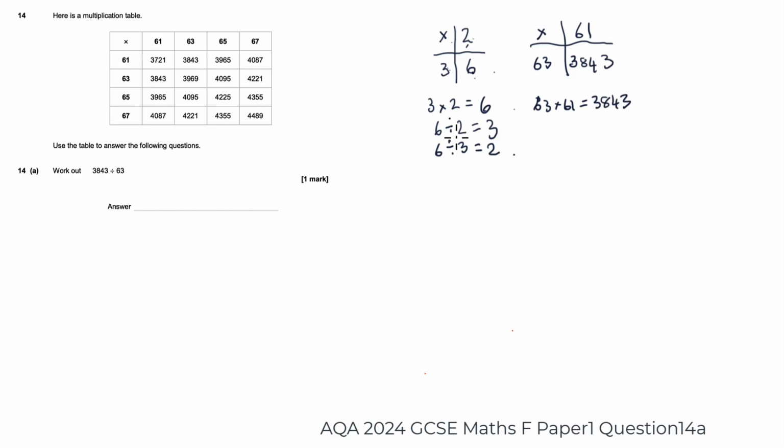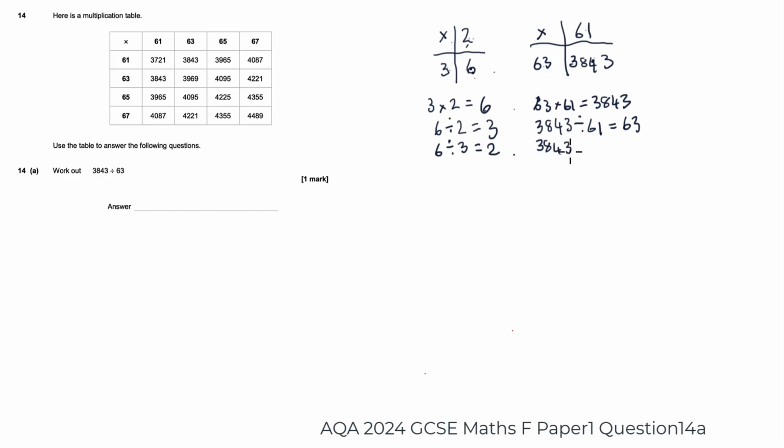But there are other ways of writing that. You see, here we said 6 divided by 2 gives us 3. Here we could say 3,843 divided by 61 gives me 63. Or, in this case, we said 6 divided by 3 gives us 2. 3,843 divided by 63 will give us 61.